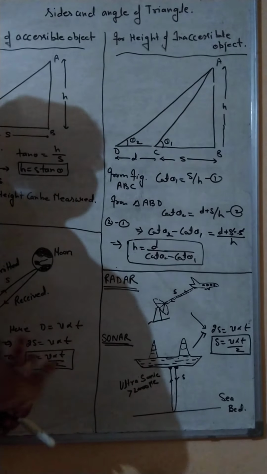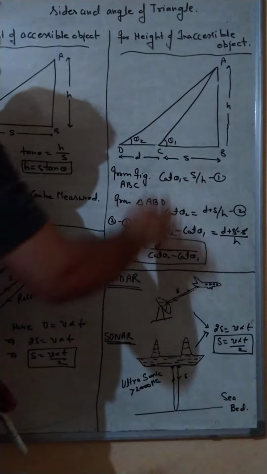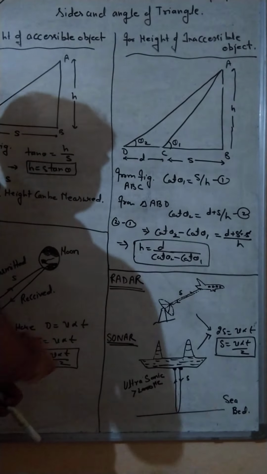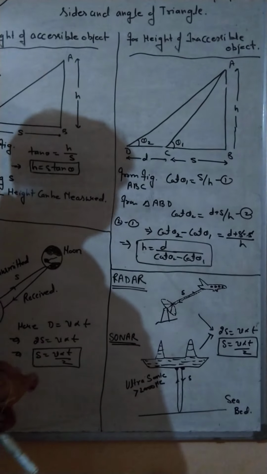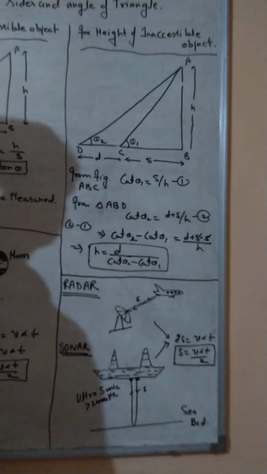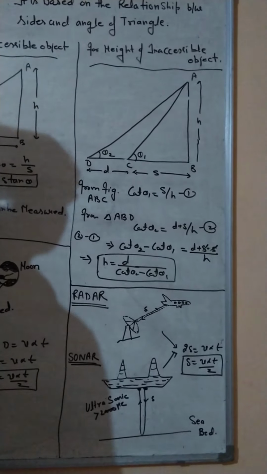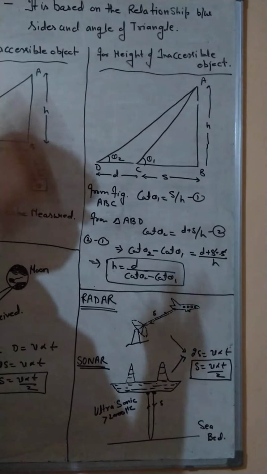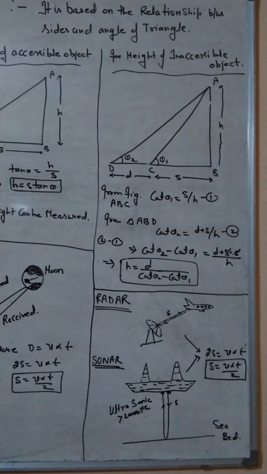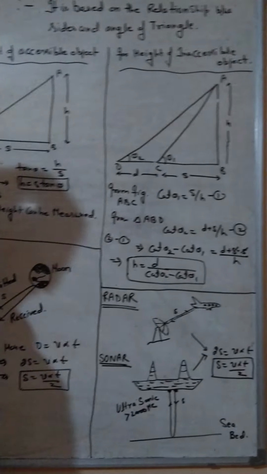Let that angle be theta 1, given by the sextant. After point C we travel a little more distance and reach point D, and from D we use the sextant and find another angle, theta 2. In that figure we make two angles, theta 1 and theta 2. Both angles are determined by the sextant, the device we already discussed.